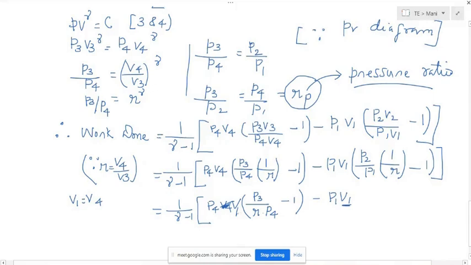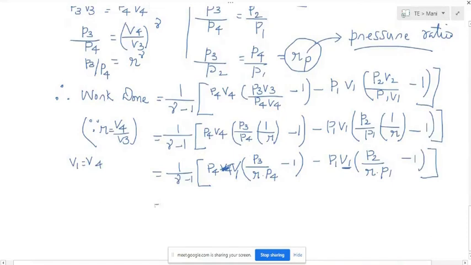Then P2 divided by r into P1, minus 1, again 1 divided by gamma minus 1.